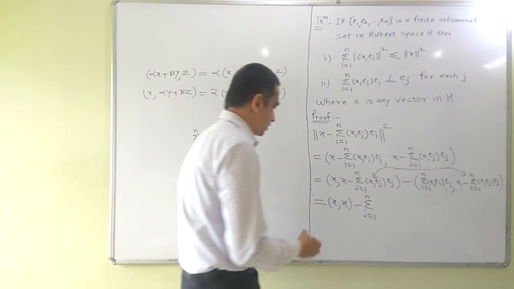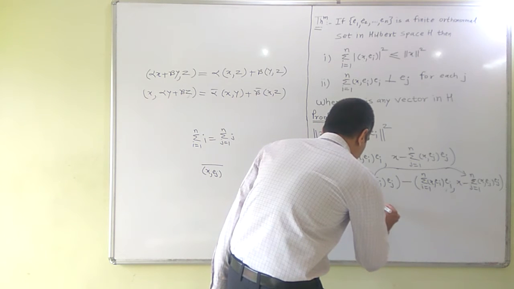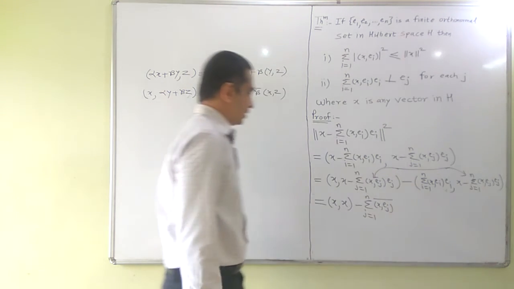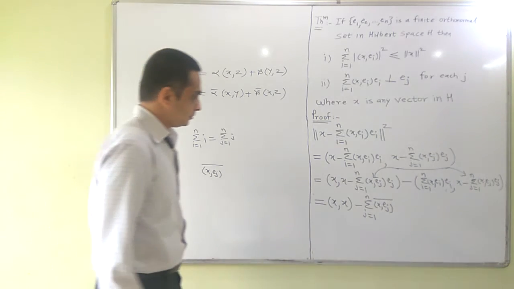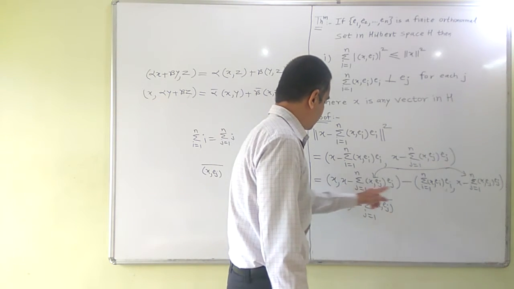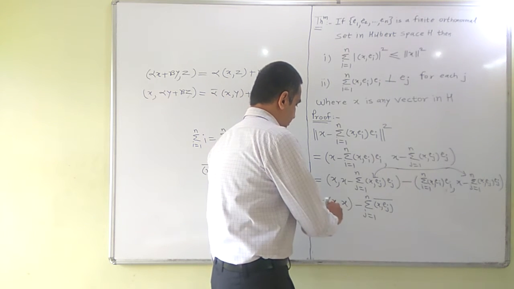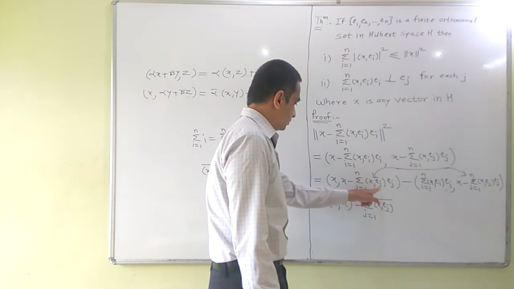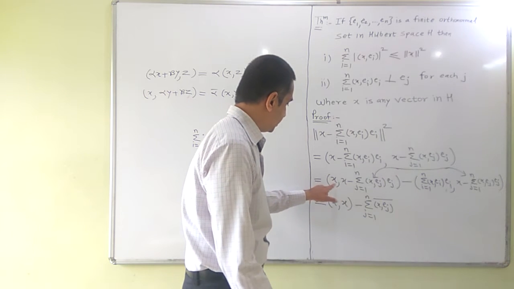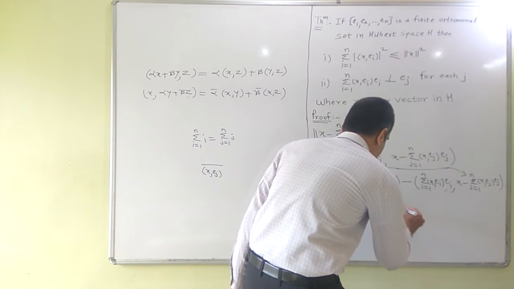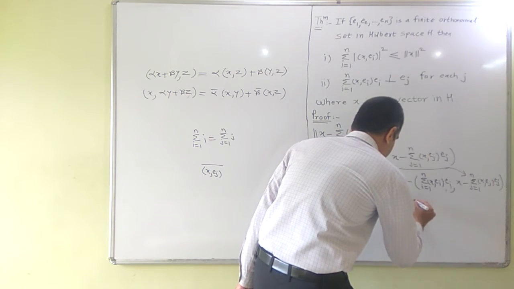So let me put it as the conjugate of inner product x, ej, and the inner product of x and ej.